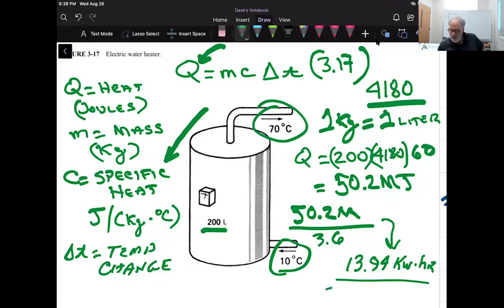So this would be the electricity requirement to input this amount of thermal energy into this tank to raise these 200 liters from 10 degrees to 70 degrees. Now we're getting somewhere, right? We're getting into some real things, and ultimately I hope we bring all this together and think about the applications and how we can use this in a lot of different areas as we progress with our electrical knowledge.